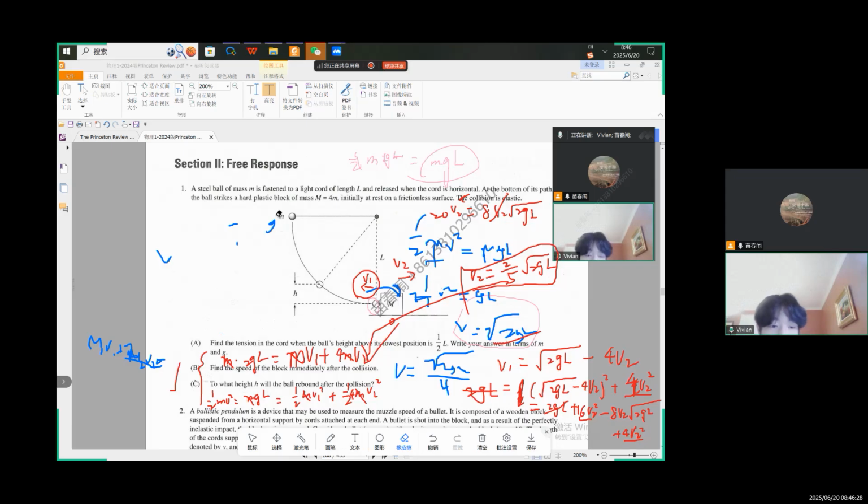v1 is mgl minus v2, right? Yeah, you can use this one. 2gl equals v1 plus 4v2. So 2gl minus 4 times v2. v2 is in here, I guess it's 2 over 5 square root 2gl.